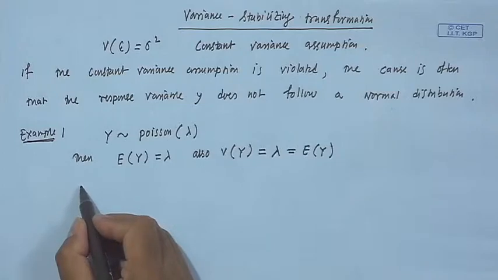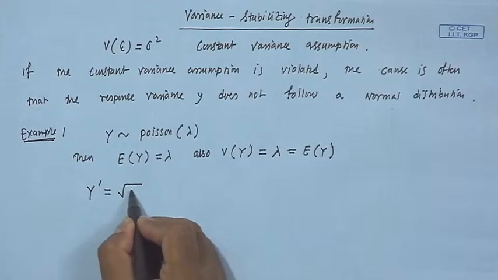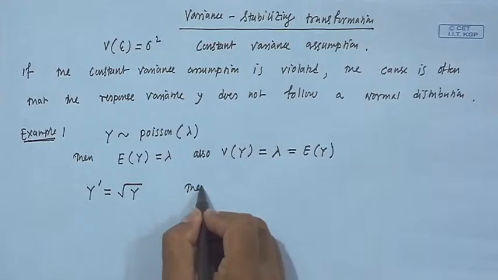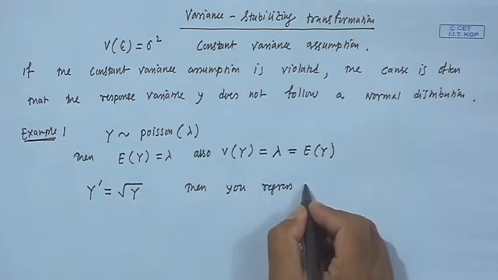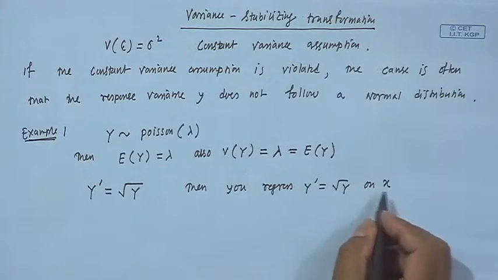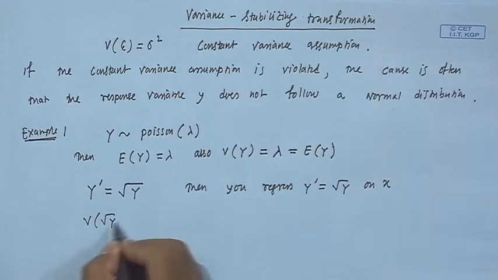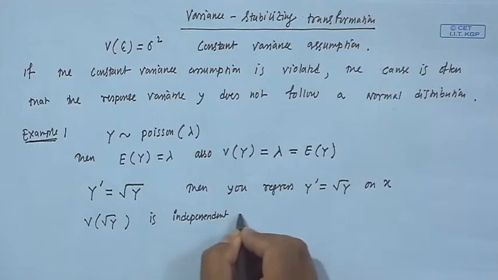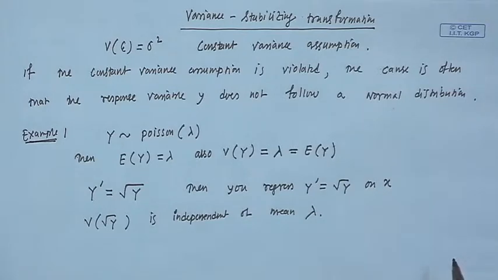Now, if you take the transformation, say y prime, which is equal to root y, and then you regress y prime, which is equal to root y, on x, you can check that it is not difficult to check that variance of root y is independent of mean lambda. Okay.